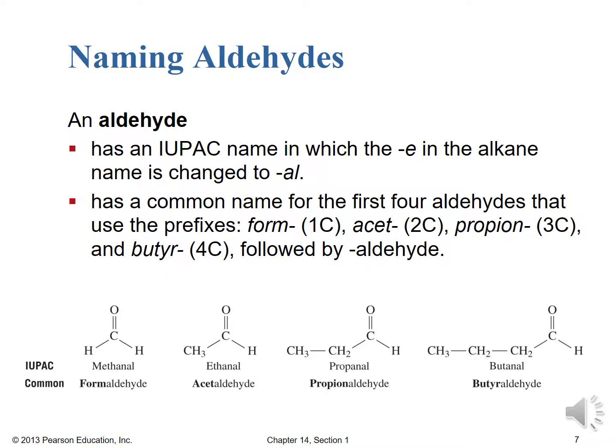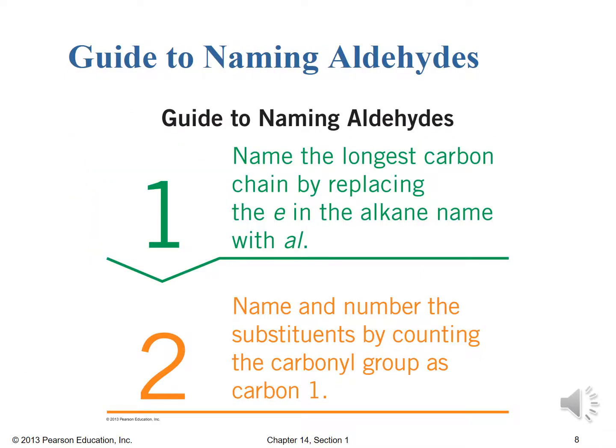So not too bad. Just remember, especially form and acet and propion. We haven't seen those so far. We'll see them again with carboxylic acid, so get them down here and you'll be ready for that. Same thing with butyr for the common name there. If you want to apply the guides that we've been using previously, the guide to naming aldehydes is a pretty short one. It's a 2-stepper, right?